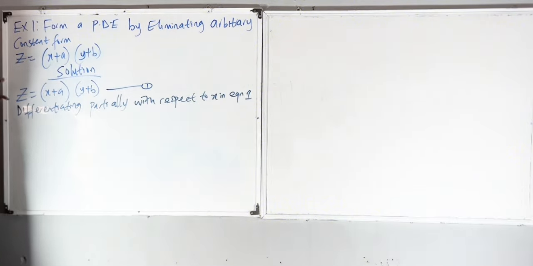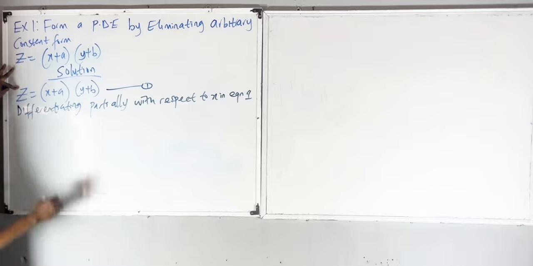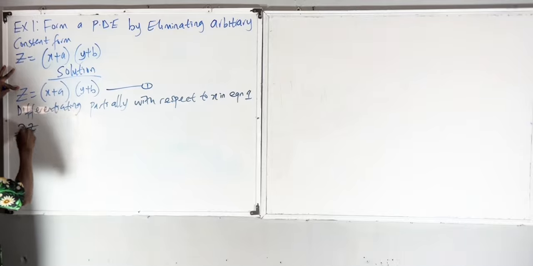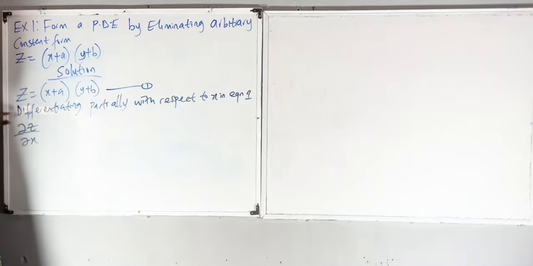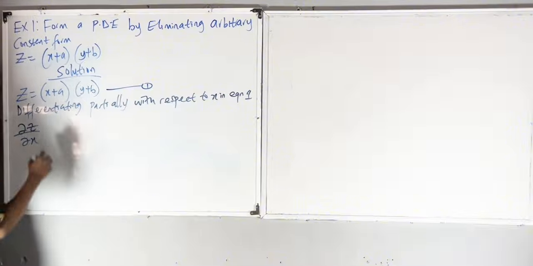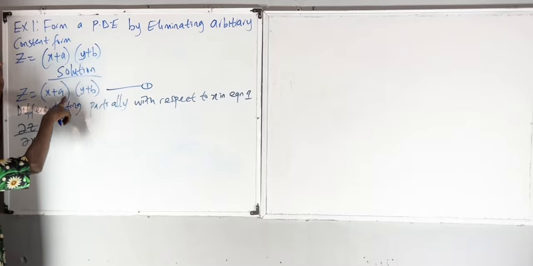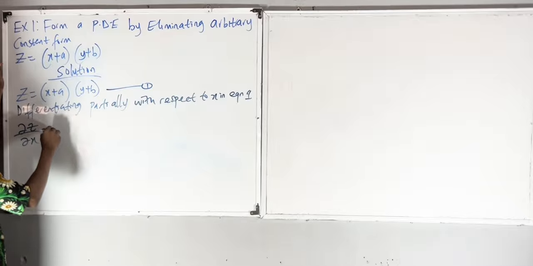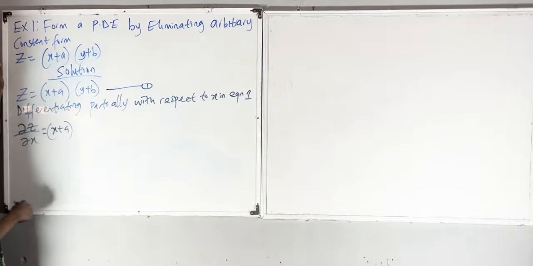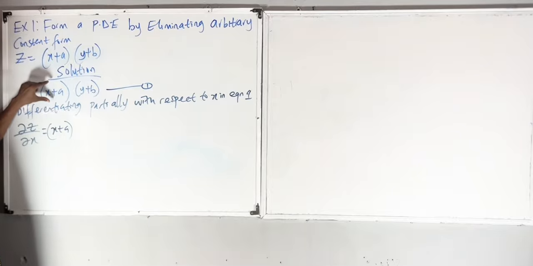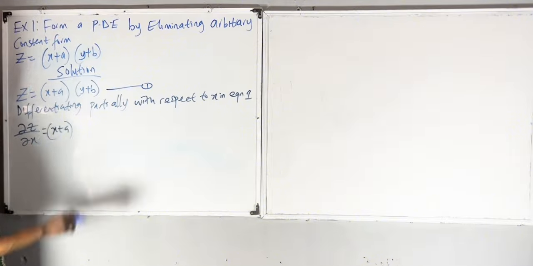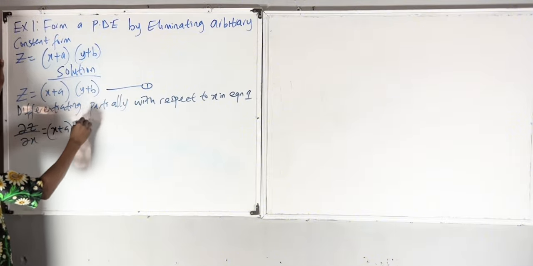If I differentiate z with respect to x, I'm going to have partial z over partial x. I'm going to take x plus a, and y plus b. It is a product. I'm considering x plus a as u and y plus b as v. If I differentiate y plus b, I'm going to have 0.